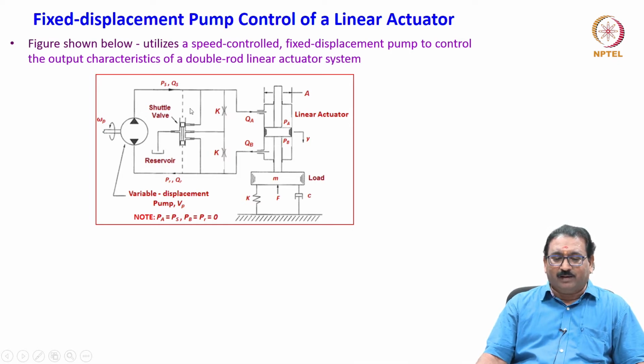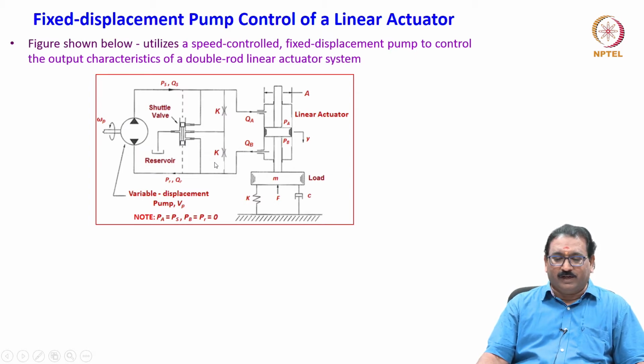Here I have marked various things. The pressure is PS and QS is the flow which is going to side A. This is side A and this is side B. When the flow goes here as QA, it will push the flow at side B, which will go as QB to the pump inlet.